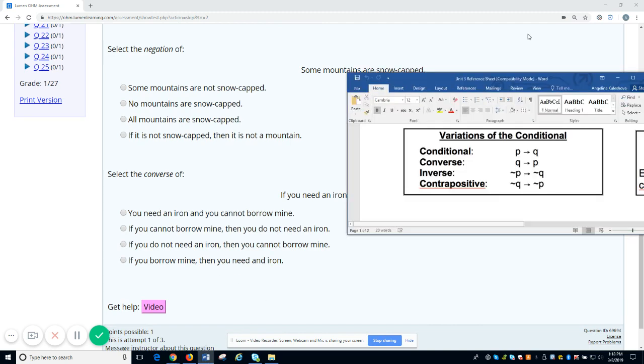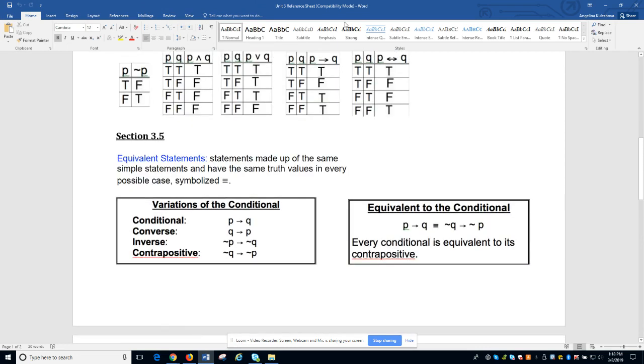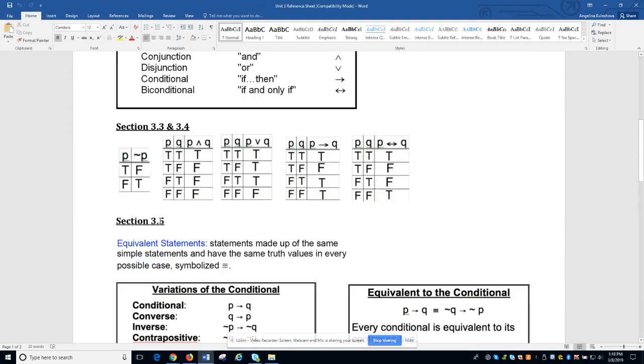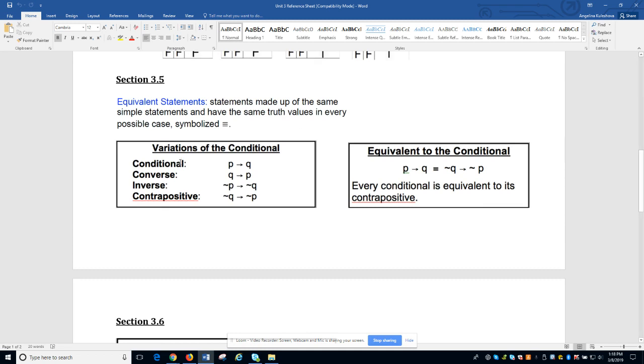So if we look at our reference sheet, all that is located here, in sections 3.5 and 3.6. The table that shows you the variations of the conditional is here. Then this table right here tells you that the conditional statement is always equivalent to its contrapositive.